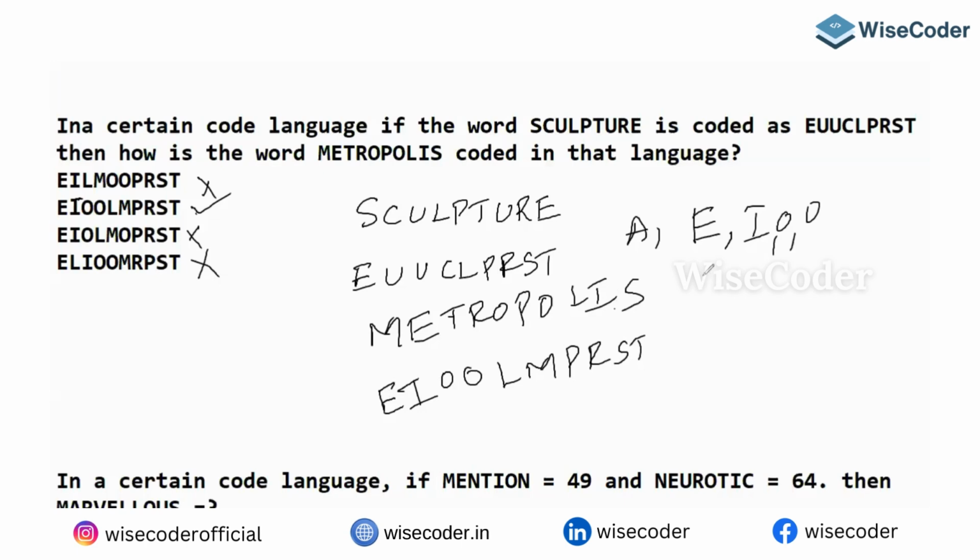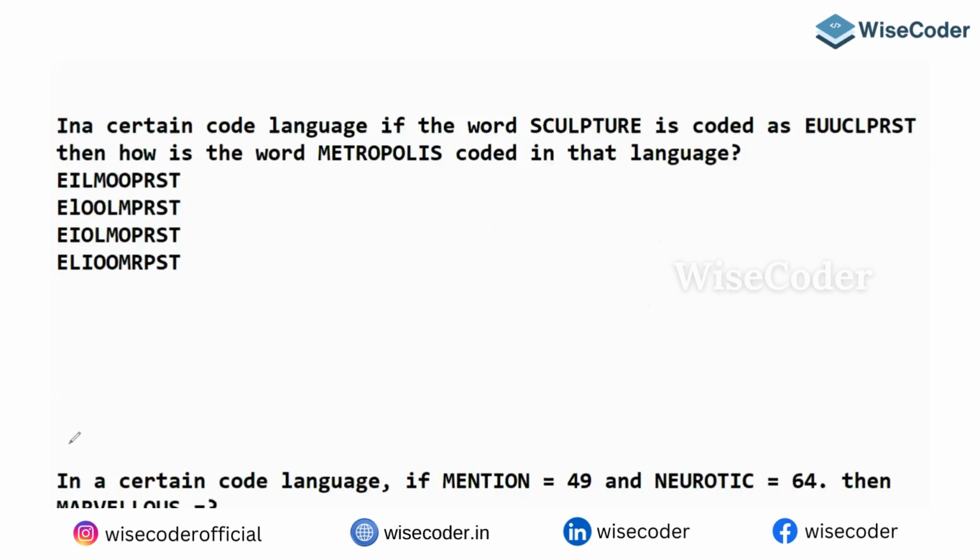I am repeating: vowels in alphabetical order followed by consonants in alphabetical order. So that's how we can end our question. The answer is the second option. Let's go to the next question.